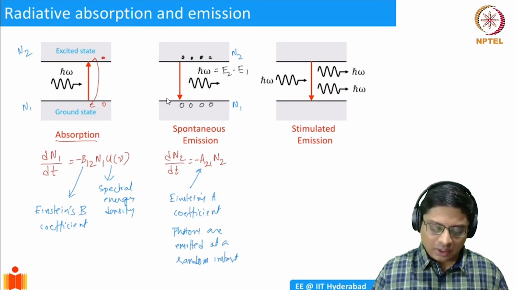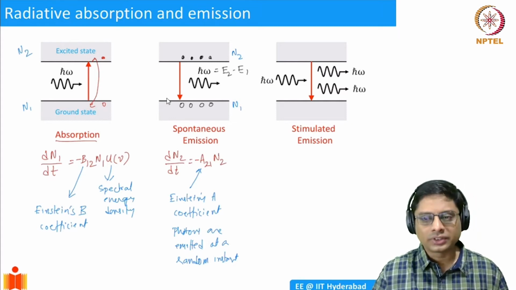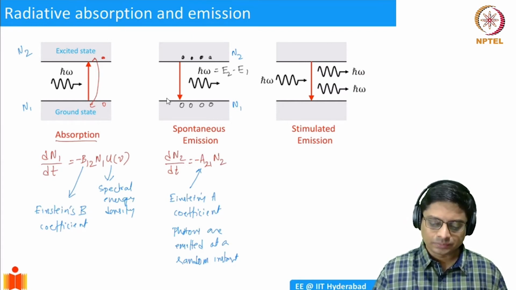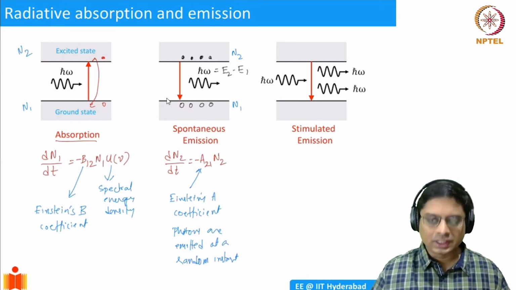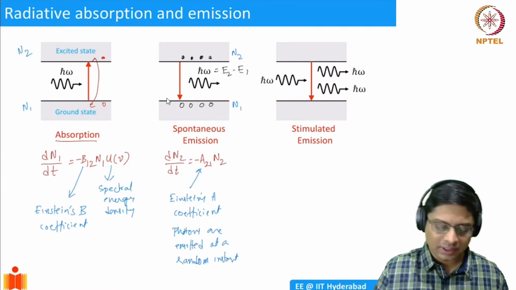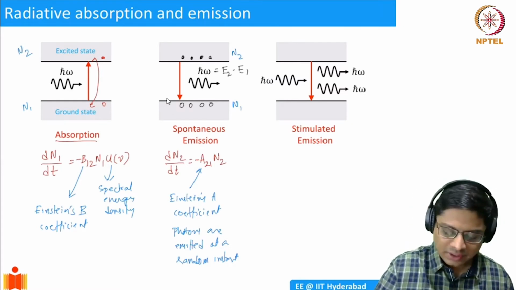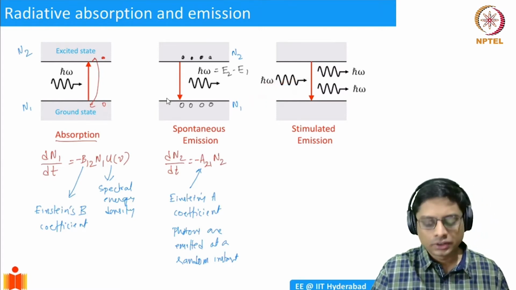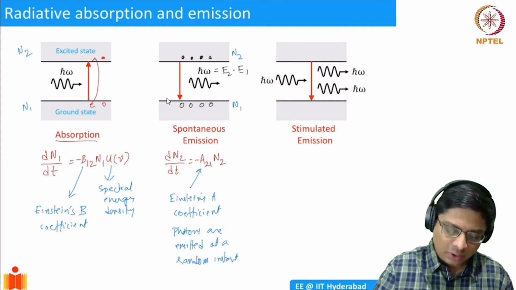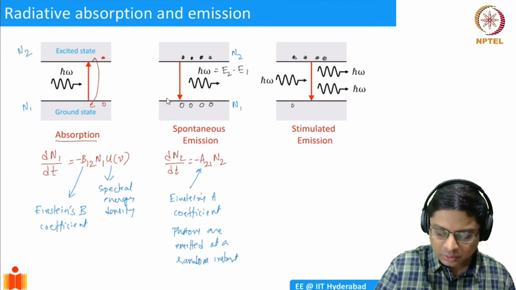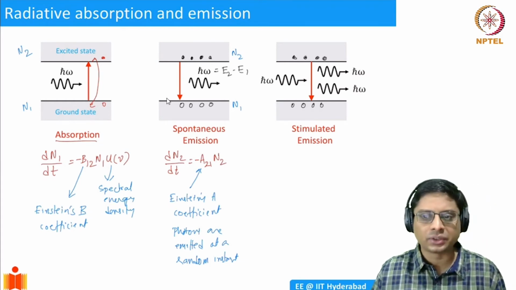Now the last process of emission is known as stimulated emission. What happens here is, instead of just leaving the material to de-excite, you shine a photon. For example, here I'm showing that we are shining a photon of h omega energy incident on the material. Suppose it has the same scenario of many electrons in the higher state and corresponding holes in the lower state.